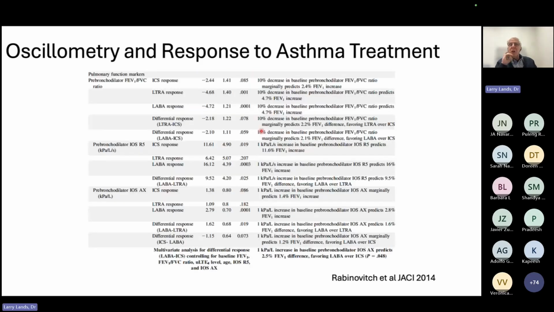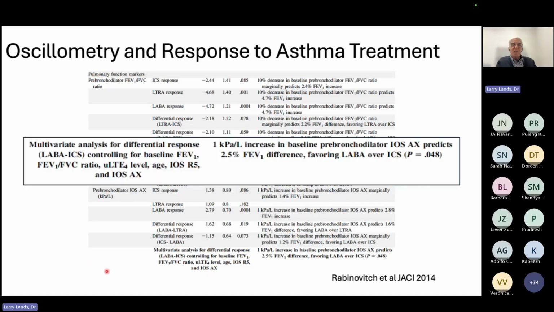But they did a follow-up study, taking the same data, but they included oscillometry measurements. And I don't expect you to read all this. It's all sorts of things. But what I want to say is that when they control for baseline FEV1, the FEV1 to FVC ratio, urinary leukotriene levels, age, baseline oscillometry resistance, and area under reactance curve.